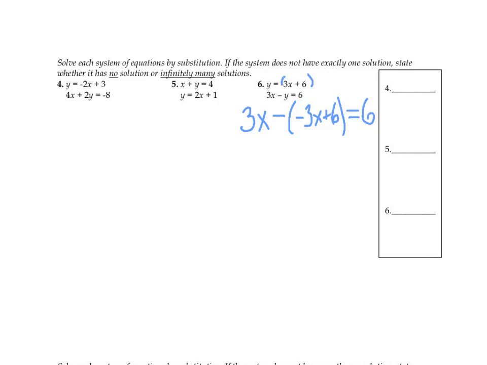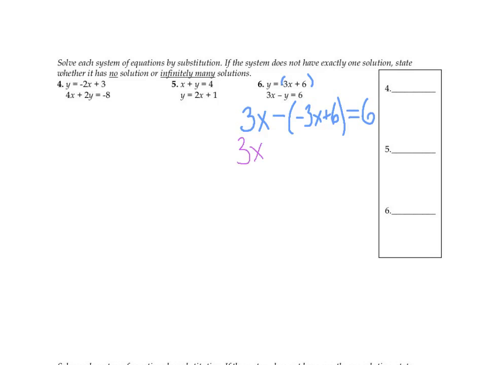That's because it's going to make your life a lot easier when you distribute out that negative into the negative 3x plus 6. Without those parentheses, you may forget that you have to distribute the negative sign. So we're going to rewrite this next step.